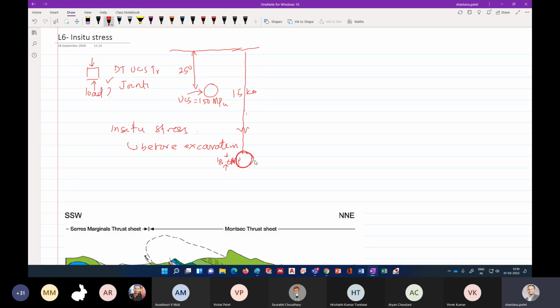When we make some excavation, the stress around this opening changes. Maybe around this zone the stress will go up to, let's say, 32 MPa. But at the same depth, if you change the excavation geometry, this will no more be 32 MPa. It will be 56 MPa.